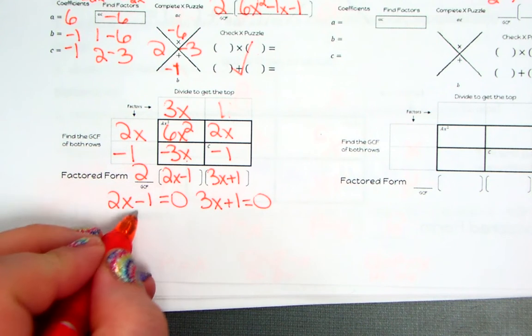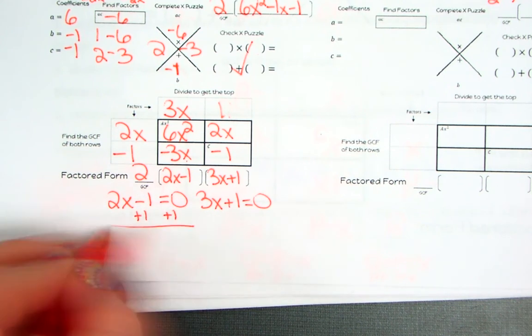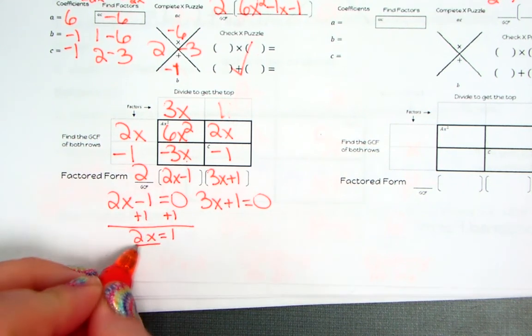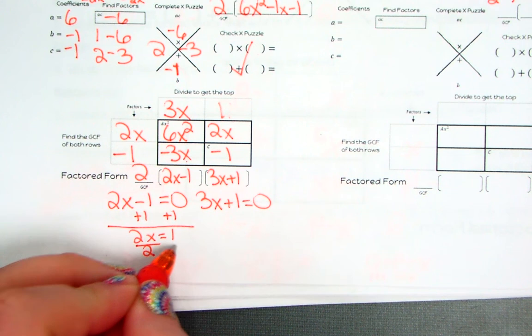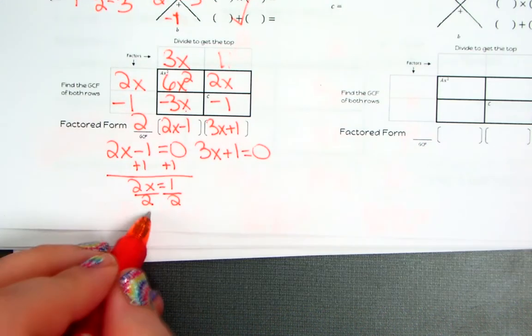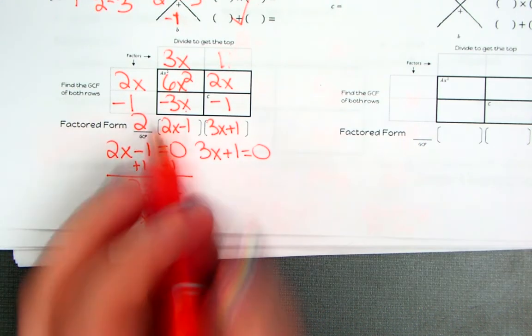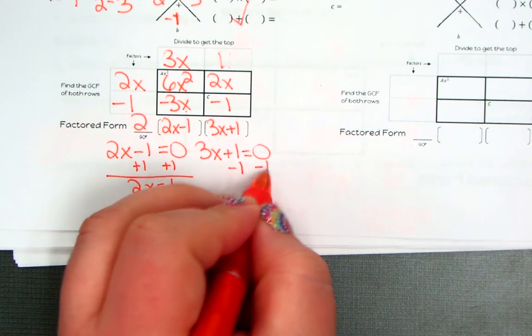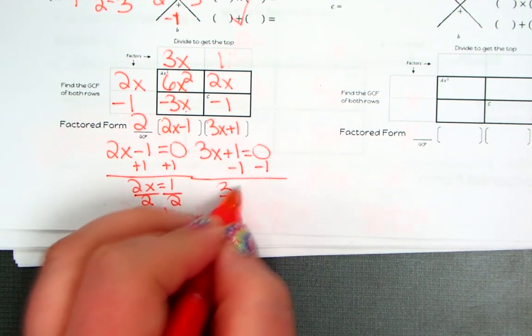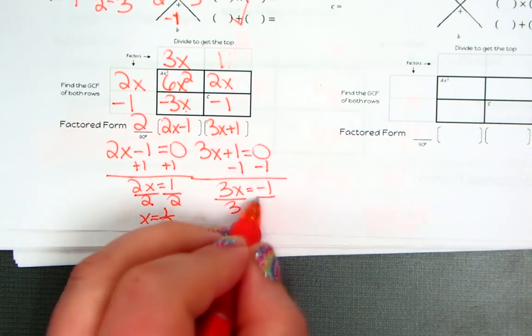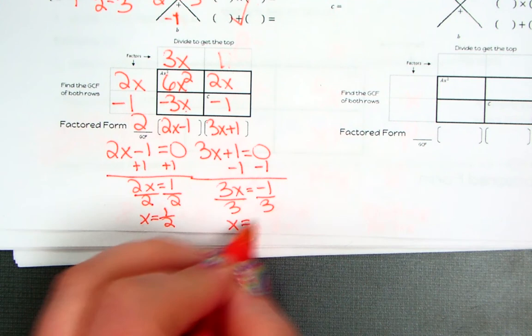So we'll add 1 to both sides, and we get 2x equals 1. Divide by 2 on both sides, and we'll get that x equals 1/2. For the other one, we'll subtract 1 from both sides, and 3x equals negative 1. We'll divide by 3 on both sides, and x is equal to negative 1/3.